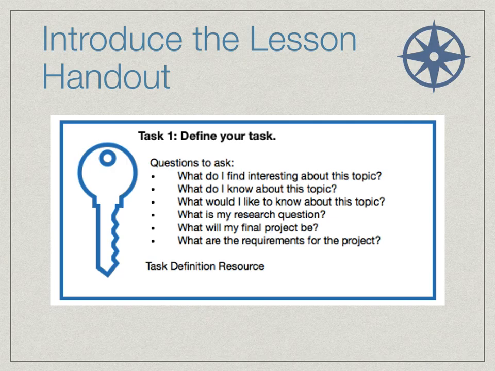And a resource that is actually the same resource from the blend space part of the lesson. So that is on the blend space, and your teacher will have a copy of that. So feel free to use that throughout your process and add your own questions.